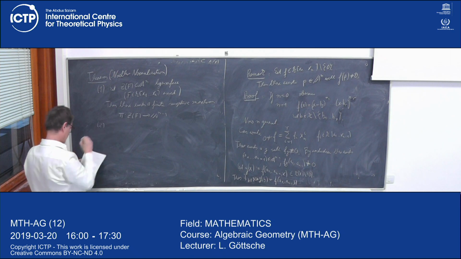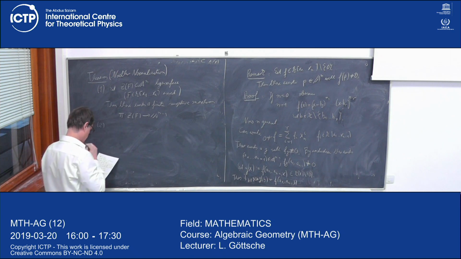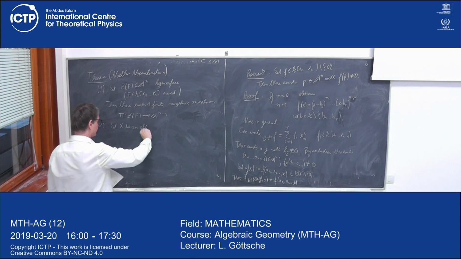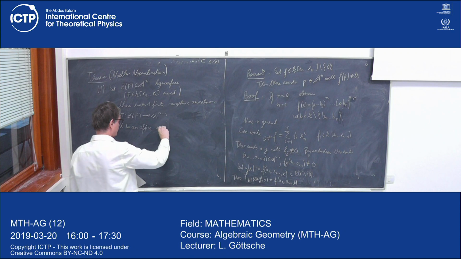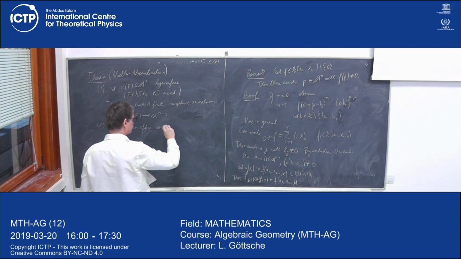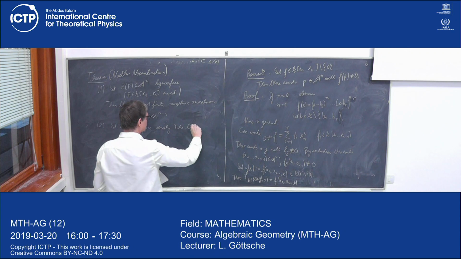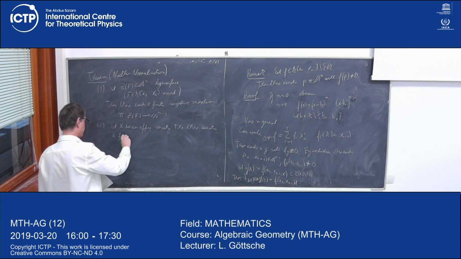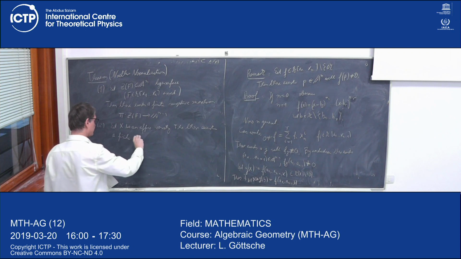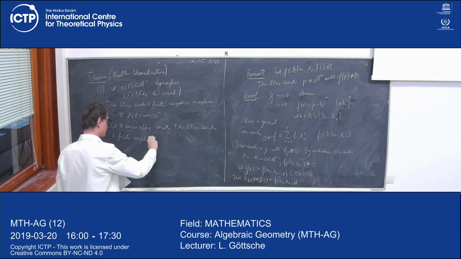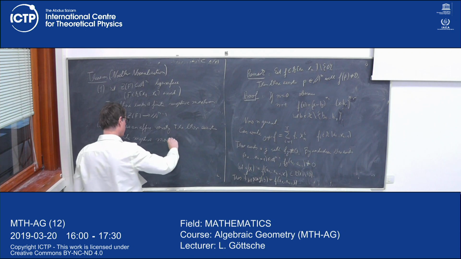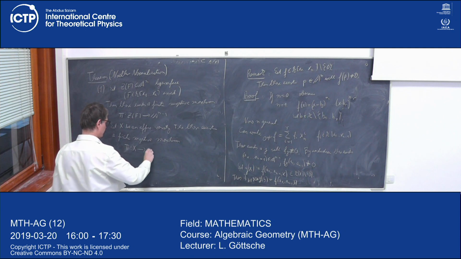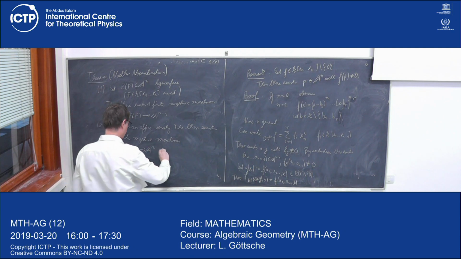Namely, the general case would be: let X be an affine variety, then there exists a finite surjective morphism phi from X to A^n for some n.